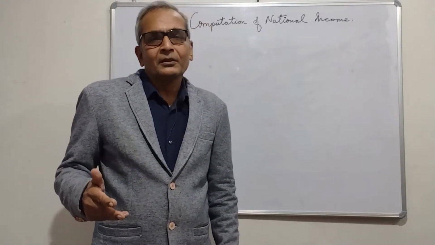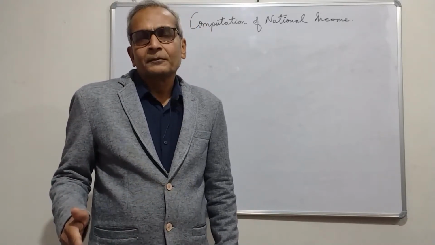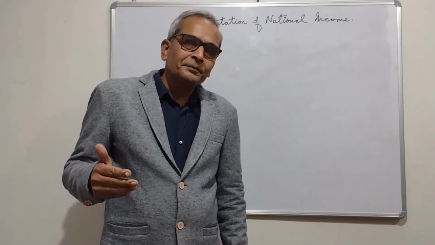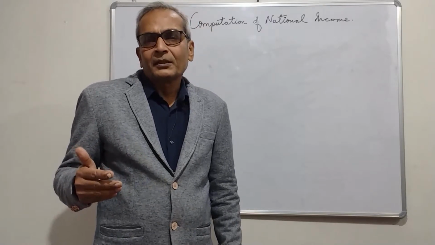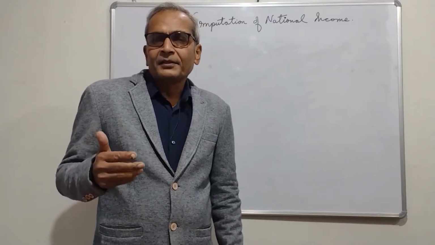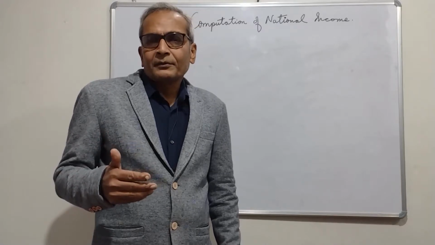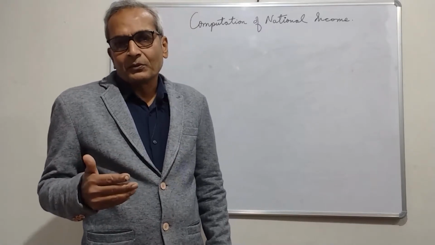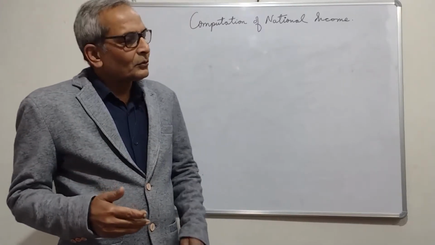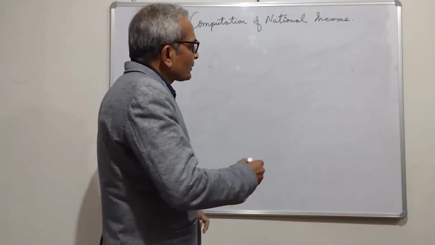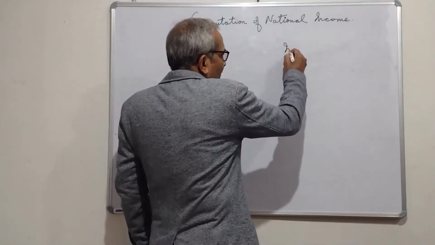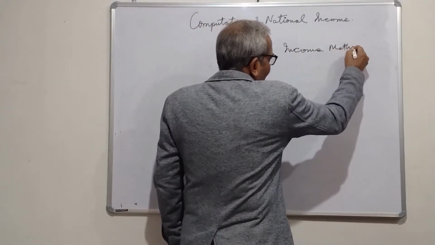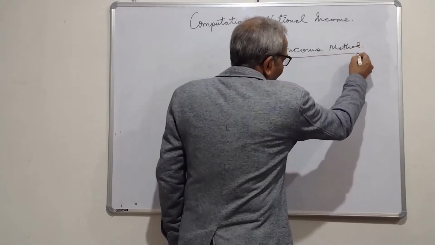This value added method is also known as output method or product method. So we will be taking up all three methods separately and see the formula, the main parts of the formula and the components of the formula. Right? So first of all, let us talk about the income method of calculating national income.